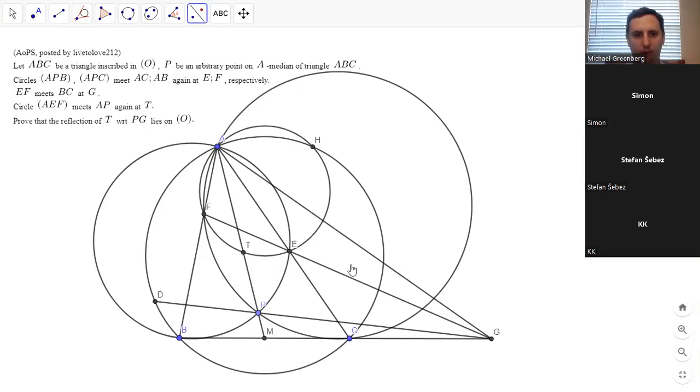So yeah, can we show GE times GF is GT squared? That would solve it.